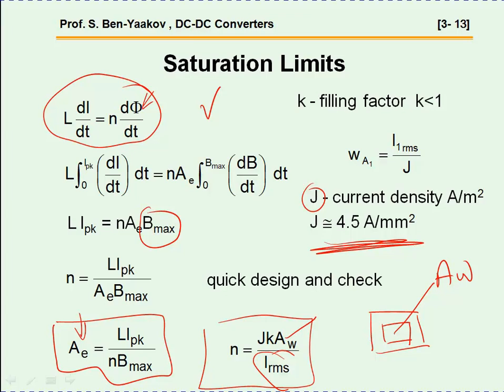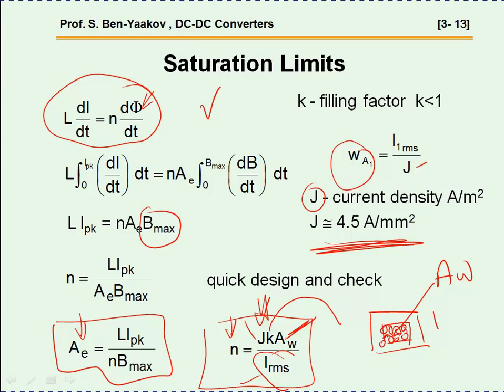Now, you can see that the winding area depends on the RMS current and J, and this brings us to an expression for N as a function of J, IRMS, winding area, and another factor, which is called the fill factor. This fill factor stands for the fact that when you have a winding, the cross section of a winding, there is some dead space that you are not using in between the wires.